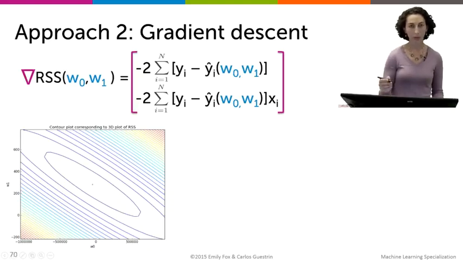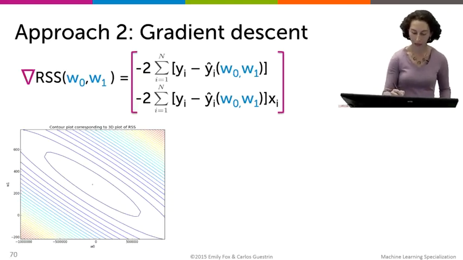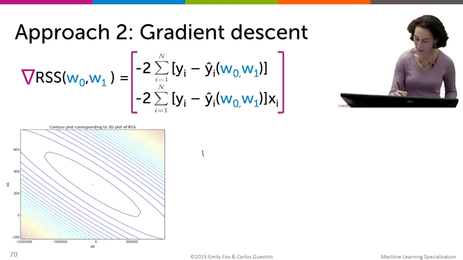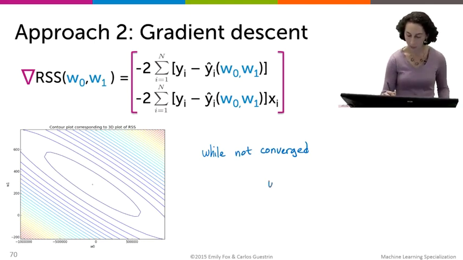Then when we go to write our gradient descent algorithm, what does the algorithm say? Well, we have, while not converged, we're going to take our previous vector of W0 at iteration t, W1 at iteration t, and what are we going to do? Well, we're going to subtract eta times the gradient.